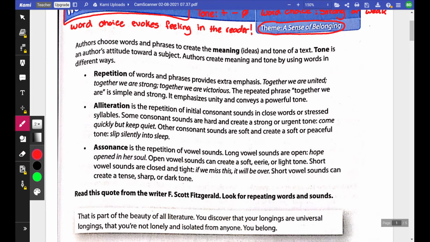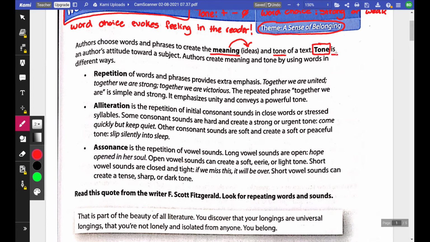So it's telling us that authors choose words and phrases to create the meaning and tone of a text. So when it says meaning, it's talking about the ideas the author is trying to express. So it's going to create the meaning and the tone of a text. And we already have a definition for tone, but let's look at it again because it's bolded.